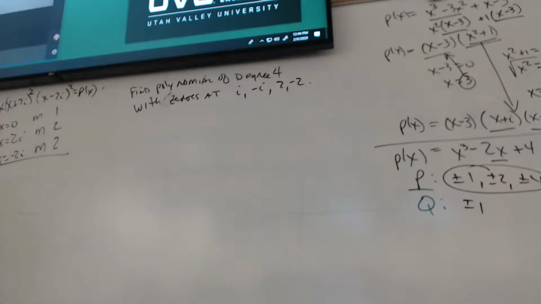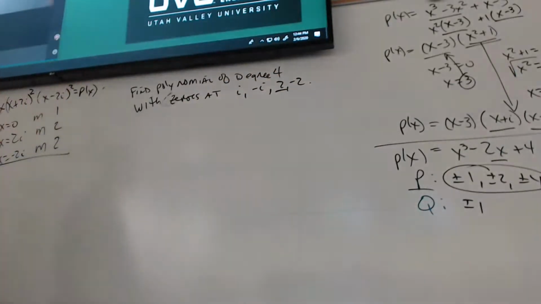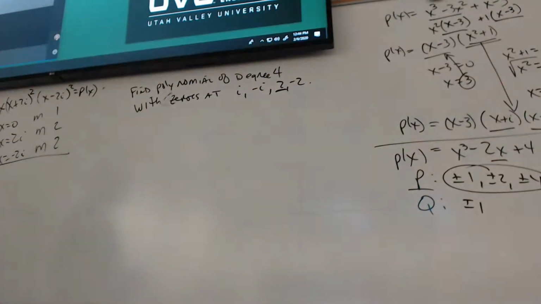So, Kekana, it must be your turn. If I have 2 as a 0, how do I make that a factor?